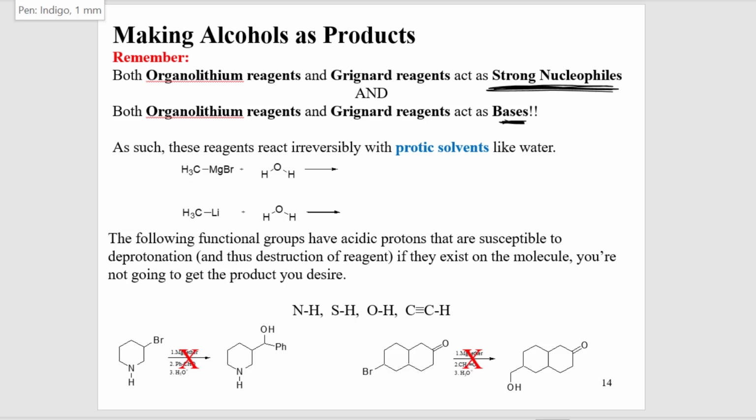You cannot, in your system, have any NHs around or SHs around or OHs around. Even terminal alkynes can be deprotonated using a carbon minus as a base. So if that's not what your intent is, then don't put those guys near a Grignard or an alkyl lithium.